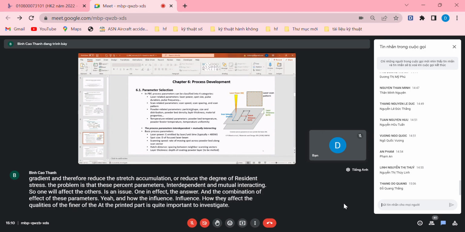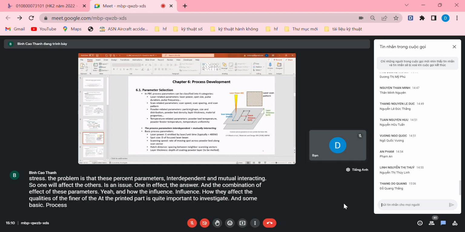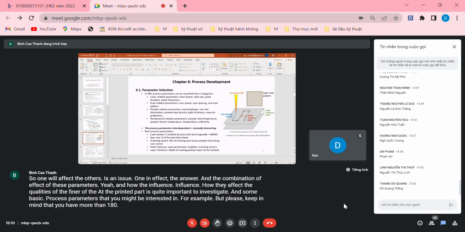And some basic process parameters that you might be interested in, for example, but please keep in mind that you have more than 180. I just list here some basic parameters.